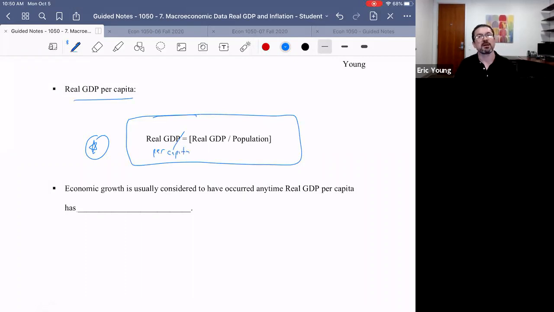You have real GDP, divide by the population, you get your formula, and now you have real GDP per capita. And that's the figure that really matters. Because at the end of the day, macroeconomics is about economic growth. And economic growth, by definition, occurs anytime real GDP per capita has risen.